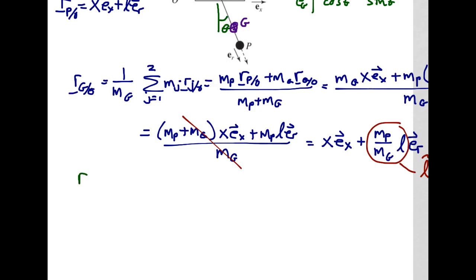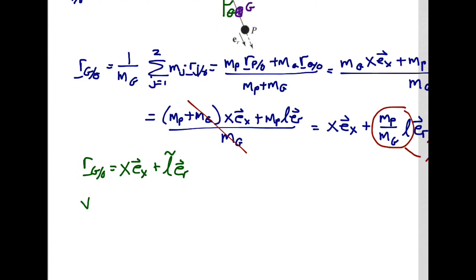So we've got Rg with respect to O is equal to x in the EX direction plus L tilde in the ER direction. Our velocity as observed in the inertial reference frame is going to be x dot EX, and then we'll just call it L hat theta dot in the ER direction.